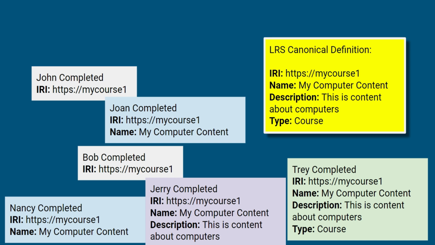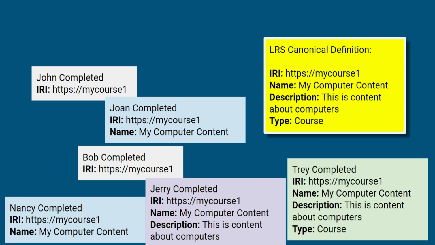And I think we have one more. Now Trey completed it. And in this case, we have information about the type. We know it's a course. It's not a lesson. It's not a video. It's a course. And again, our canonical definition changed over time. So the LRS has this information now about this thing that has an ID of https://my course1.